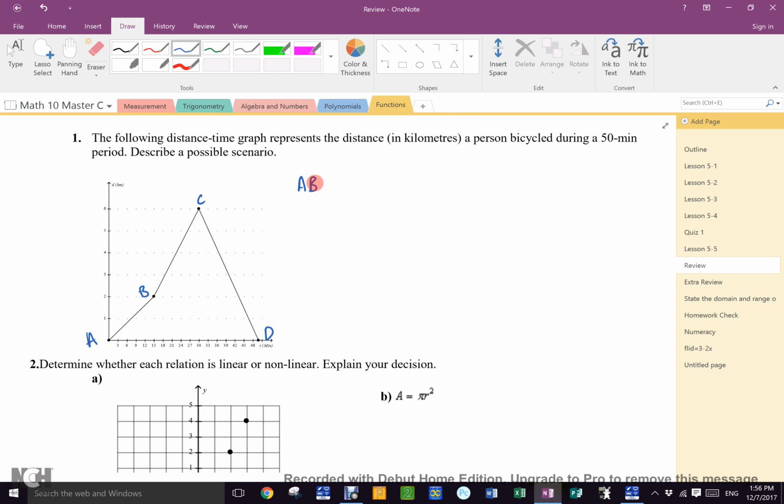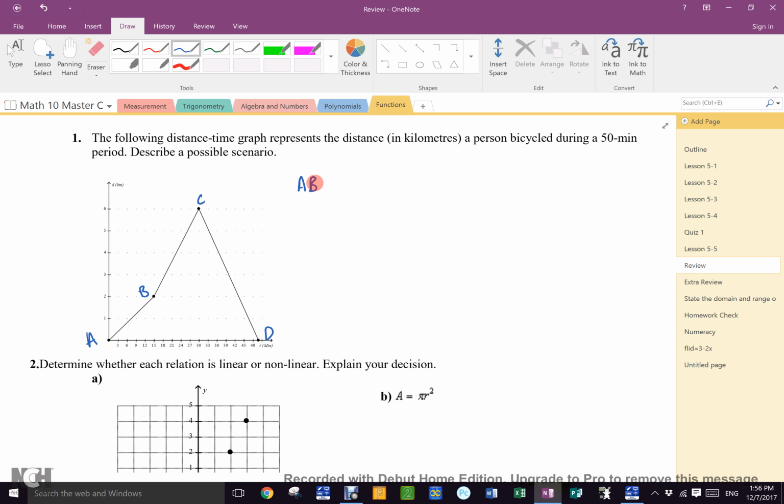Now, if I were giving him 1, 2, 3, 4, 1 being limited understanding of what is going on, 2 being basic understanding, 3 being a comprehensive understanding, and 4 being an advanced explanation of what is going on. What do you think that would get? Ronald rode his bike 2 kilometers in 15 minutes. You think that's a 3? I agree, that's a 3.